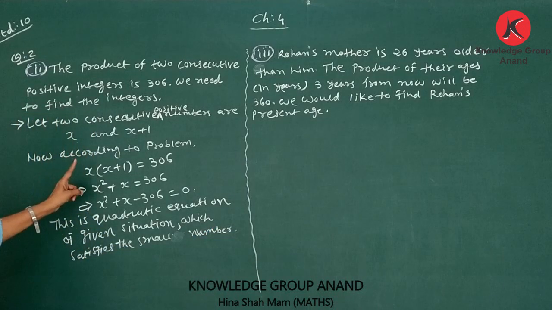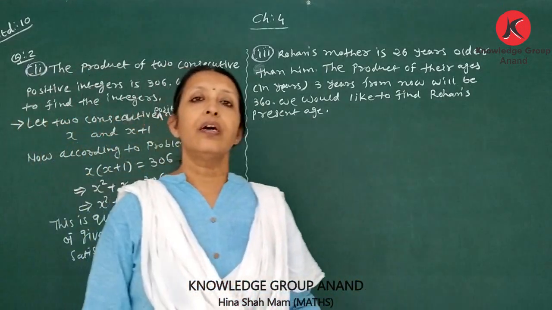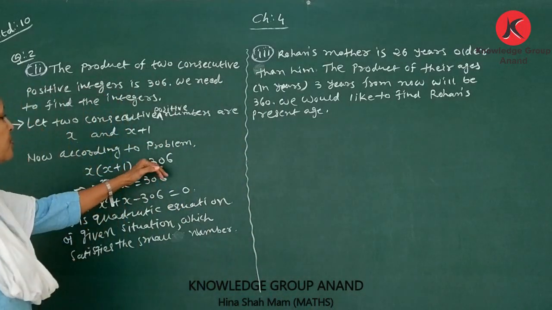Okay, again, two consecutive numbers x and x plus 1, the product of these two numbers, x into x plus 1 is equal to 306.